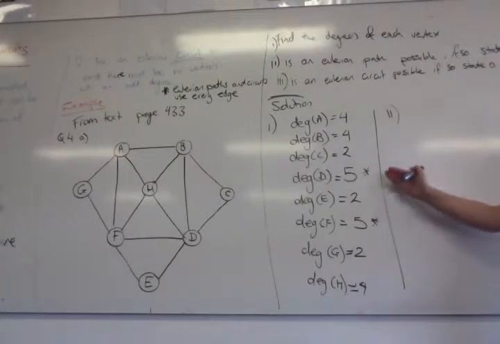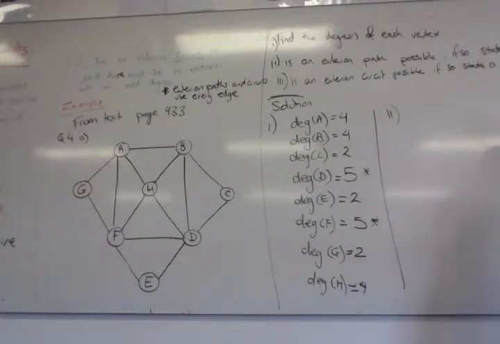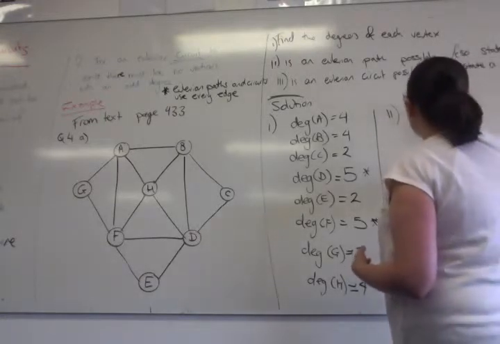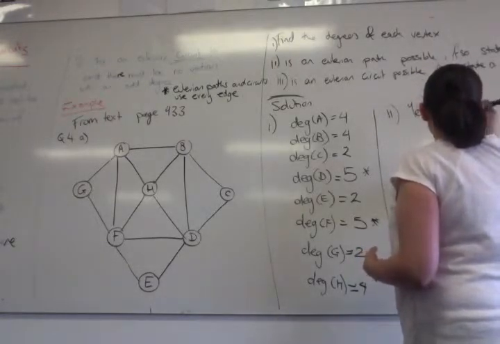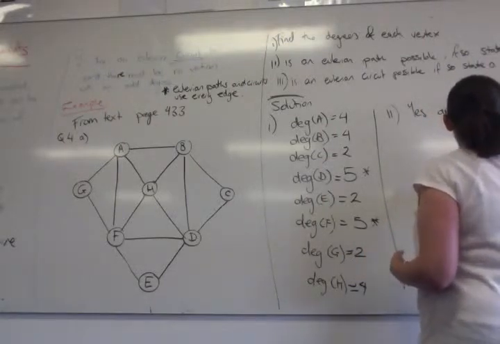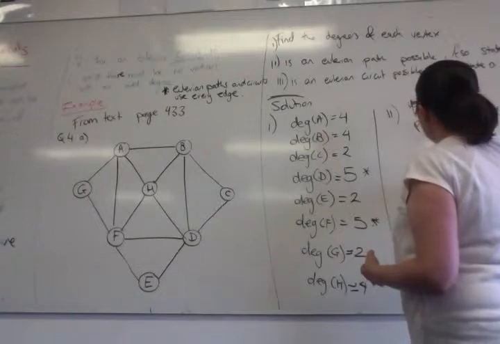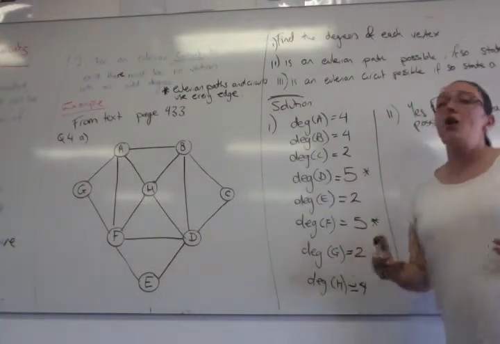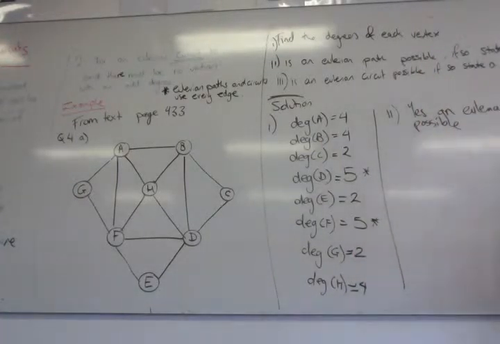So we only have 2 with an odd degree. So yes, we can have a path because we have 2 odd degree vertices, no more, no less. So yes, an Eulerian path is possible. Now we've got the fun job of deciding a path.